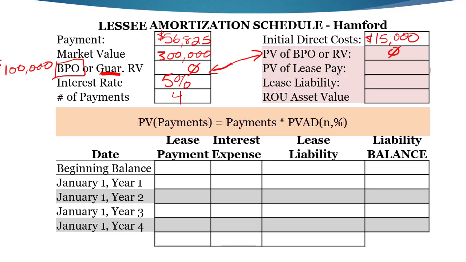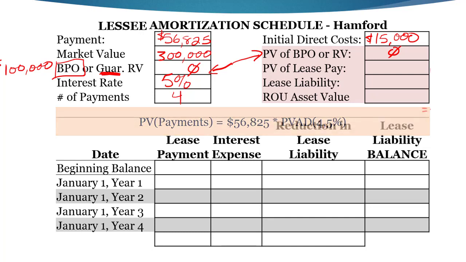This is the present value of the payments, and that will be equal to the payments times the present value of an annuity due at a given percentage. So I know those numbers. I know that the payments are $56,825. Present value of an annuity due, N is 4, percentage is 5. I could either pop that information into my calculator, or you could go to a table. So let me go ahead and go to the table.